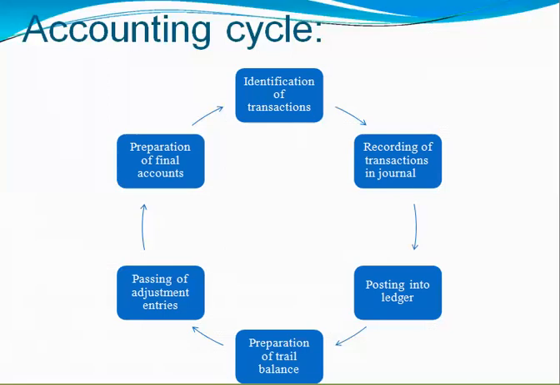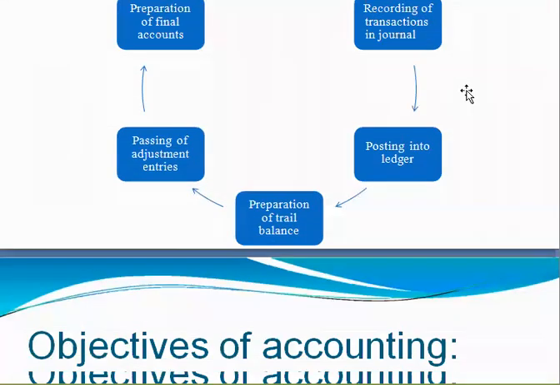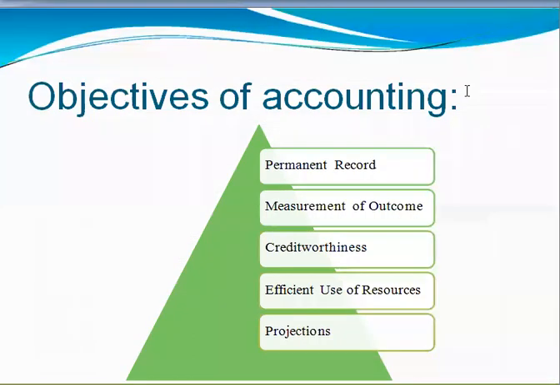The P&L account, or profit and loss account, gives us net profit or net loss, and finally we prepare the balance sheet, which shows the financial position of the business. This is all about our accounting cycle, which starts with identification of transactions and ends with preparation of final accounts.